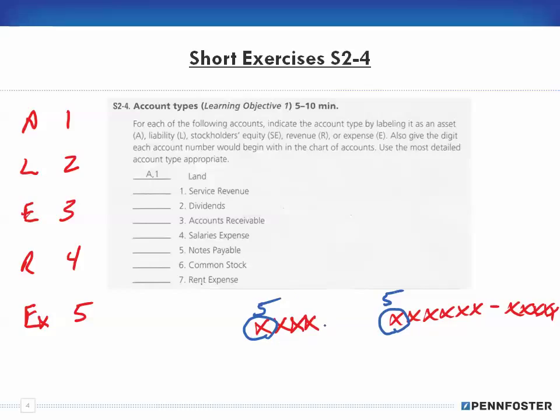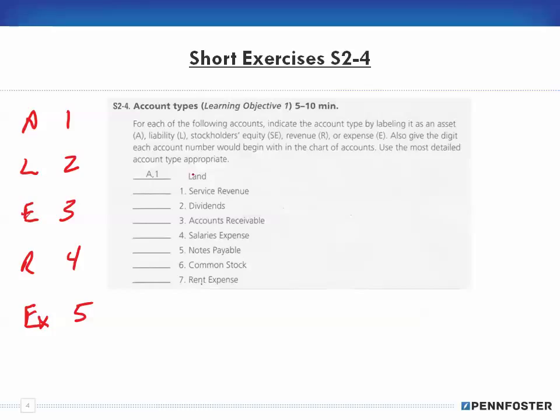It doesn't matter how many digits come after. If it's a liability account, it's going to begin with a 2. It doesn't matter what comes after it. All of the accounts in that category begin with whatever number is for that particular category. So in the case of land, land is an asset.